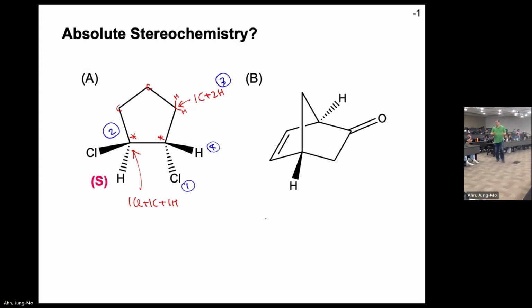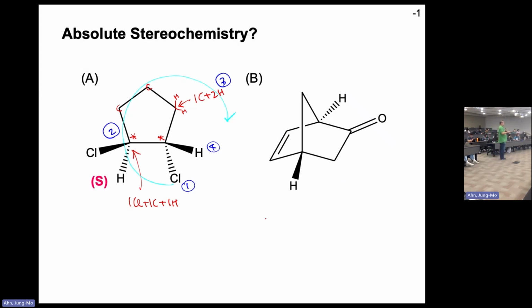Once you assign that, and you are happy, most likely you're going to jump in to draw the arrow. 1, 2, 3. It rotates clockwise. So most likely you're going to say, oh, that's R. Answer the question, move on. That is a part that I keep telling you.